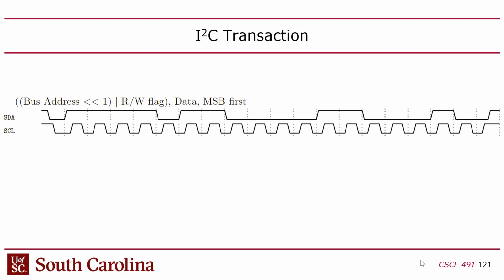Remember, don't change the data when the clock is high unless it's a start or a stop. Well, in this case, clock is high, the data changes, that's a start. From that point on, I look at the data when the clock is high, and ignore the data when the clock is low, because that's when it's in its state of change.